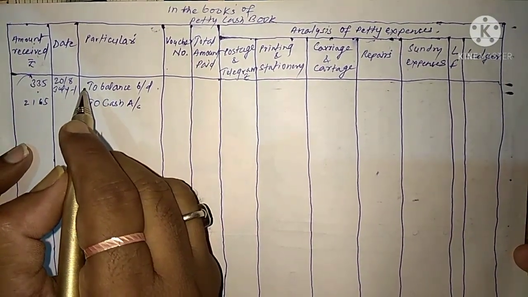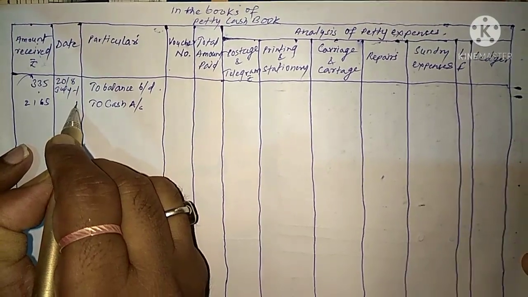And date we have to write, that is the 1st July. So here we have to write 1st July.